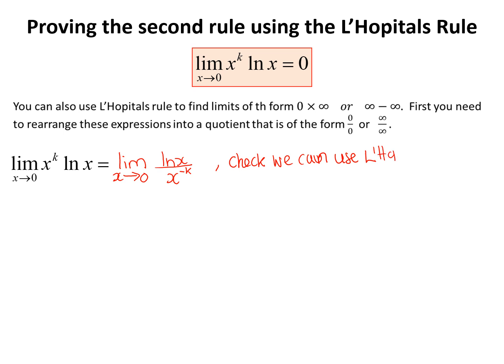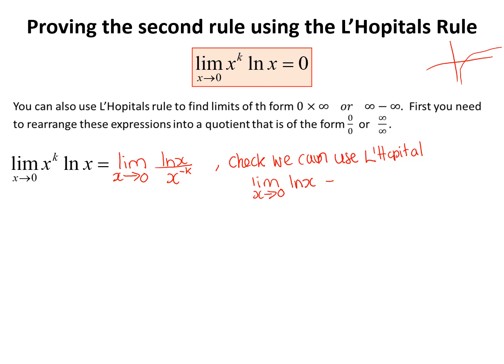Now the limit, so a little check, we can use L'Hopital. So that would be the limit as x tends to 0 of ln x. If you know the graph of that one, that's that one, isn't it? So as x is tending to 0, it's tending to negative infinity.